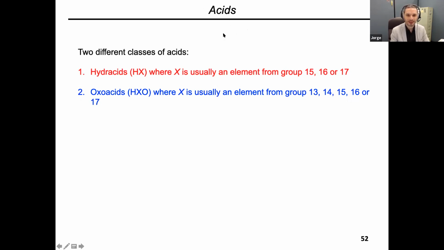Okay, so acids are basically characterized as hydrogen bonded to an element. If we just have hydrogen and one element, this is going to be a hydracid. If we add an oxygen to the structure, then we have what we call oxoacids.